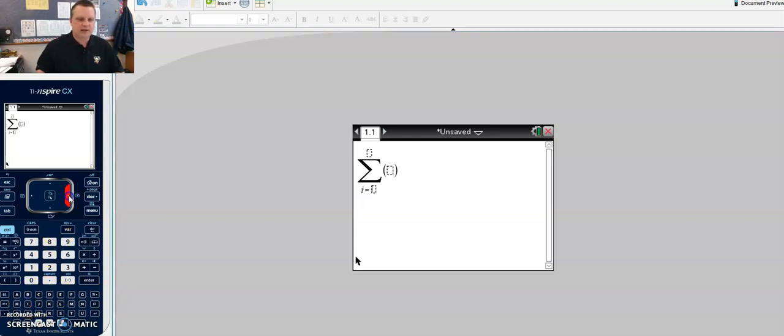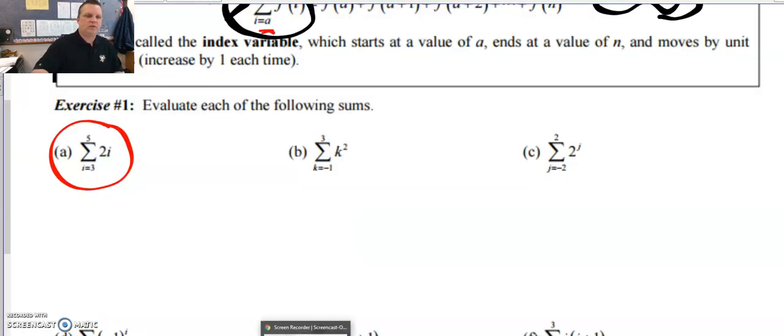So it's i equals 3, then 2i, and up to the top would be 5. Then you hit enter, and your answer is 24. On a part 1 question, that will suffice.